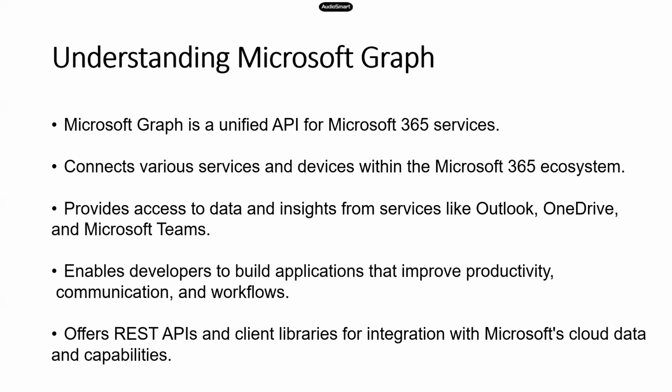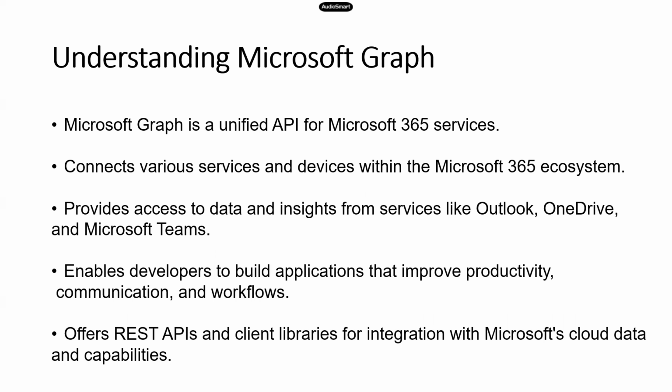So let's understand what Microsoft Graph basically is. Microsoft Graph is a unified API for Microsoft 365 services. It connects various services and devices within the Microsoft 365 ecosystem. It provides access to data and insights from services like Outlook, OneDrive, and Microsoft Teams.